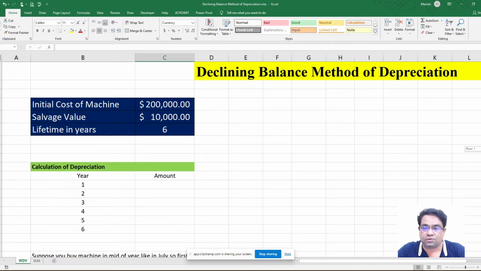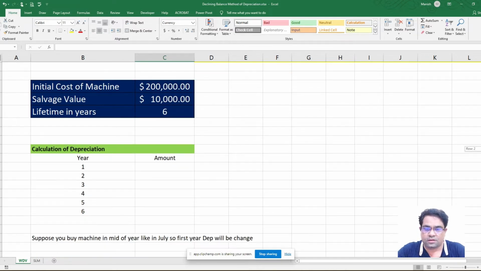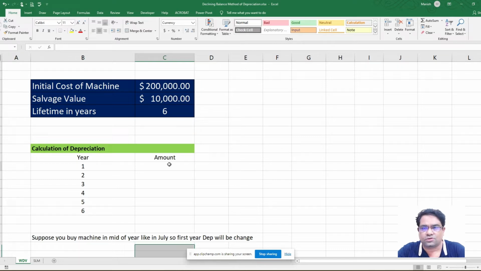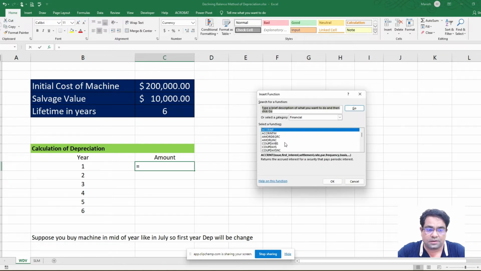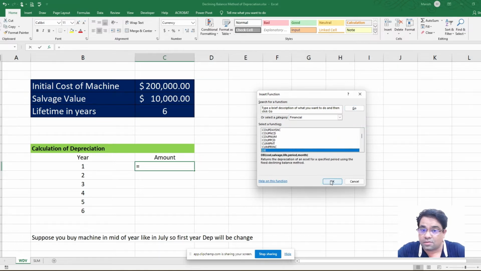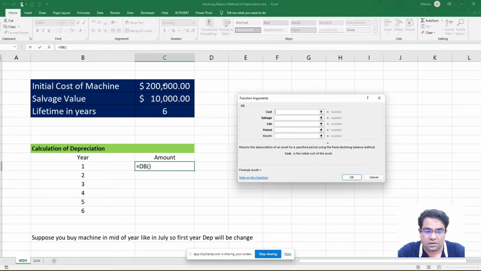Now let me show you this one. Go for formula. You can choose either, but for proper learning purposes, which formula are we going to use? Financial, DB, declining balance. Okay. Now cost is $200,000, salvage is $10,000, life is six, and period: what period are we supposed to take?